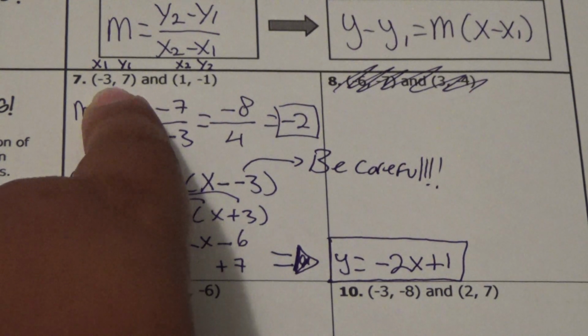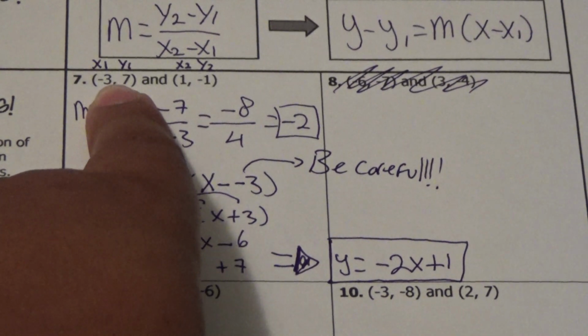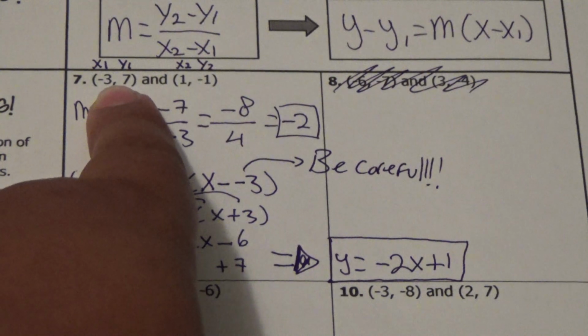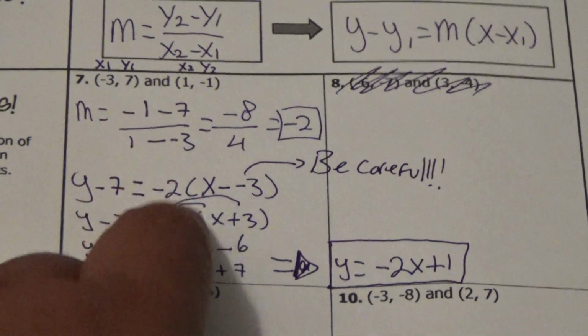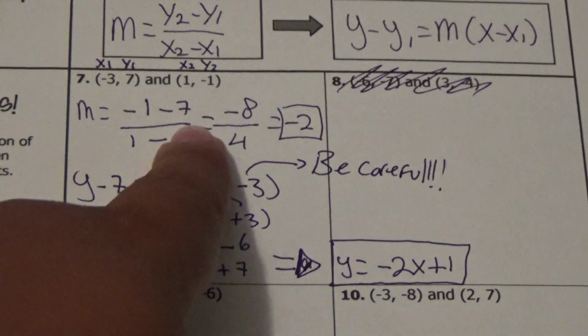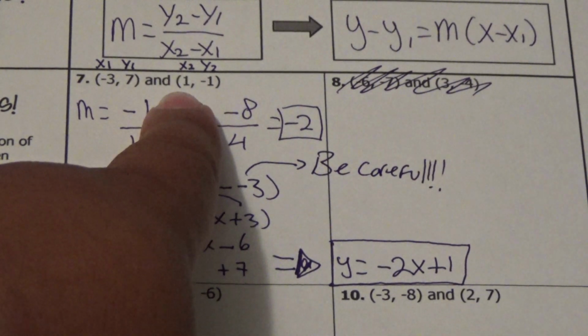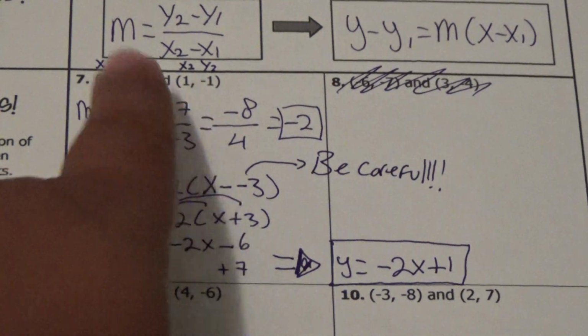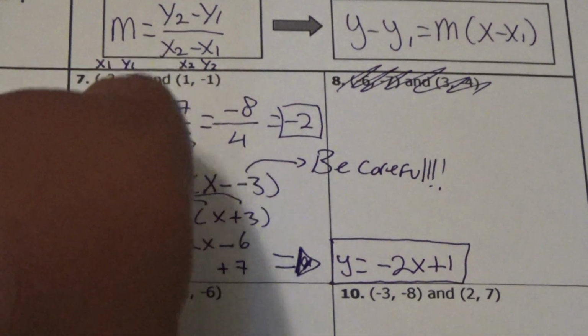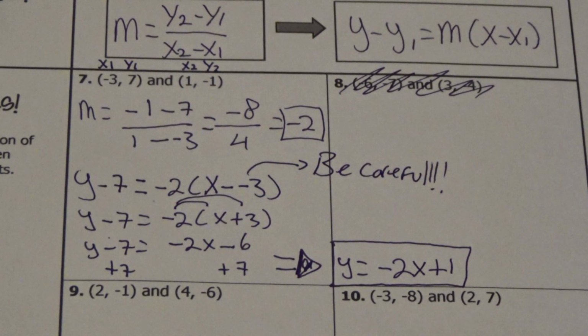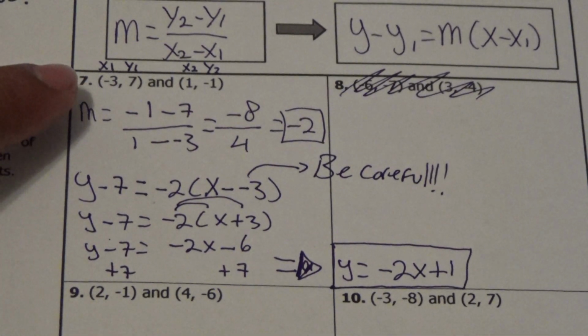Well, here's the thing. I already labeled this guy x1 and y1, so might as well use this one for my formula. You can use the second pair if you like. You should get the same final solution. But since I already labeled x1 and y1, I'm just going to go ahead and use -3 and 7 for my point slope formula.